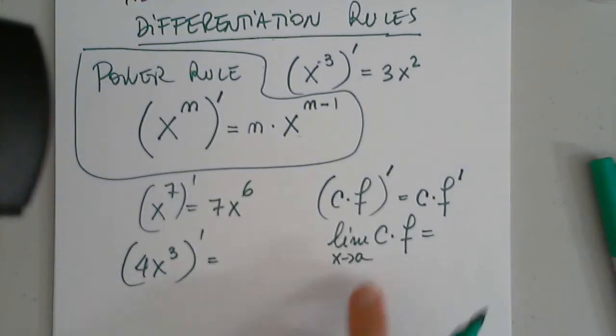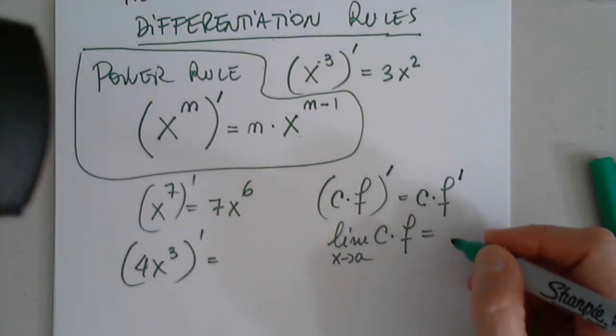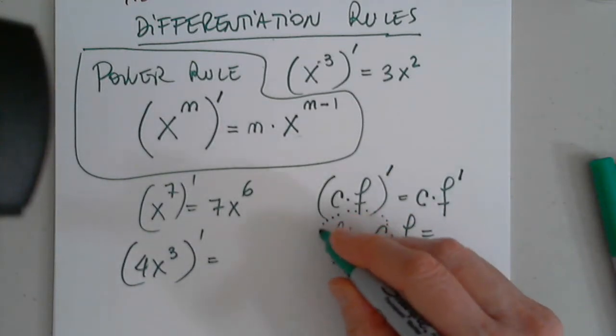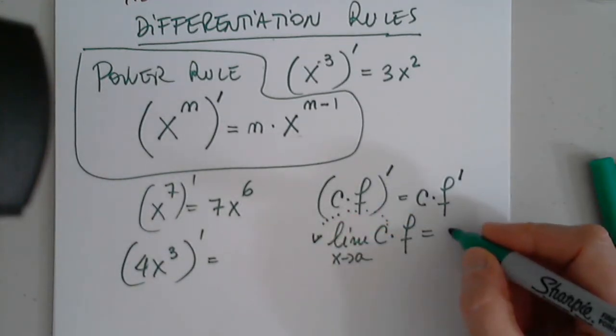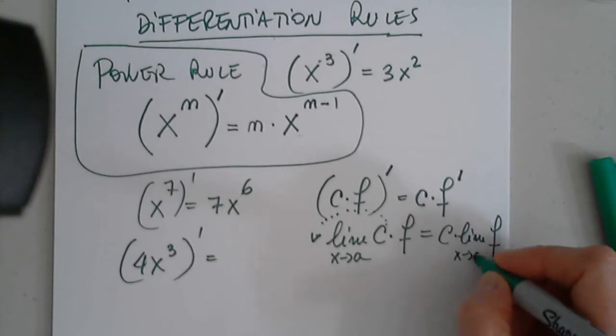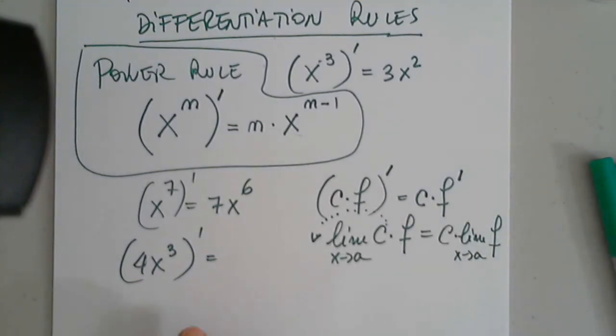Who remembers what this equals? Would it be c times the limit of f of x? Very good, as x approaches a. Perfect. So the same thing here.